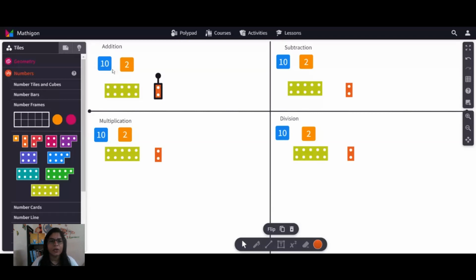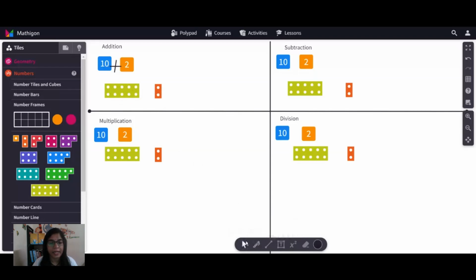Okay, coming to this. So when it is addition, right? When it is addition, we represent it like 10 plus 2, isn't it? We represent it like this. And we have 10 things and 2 things, 10 dots and 2 dots.